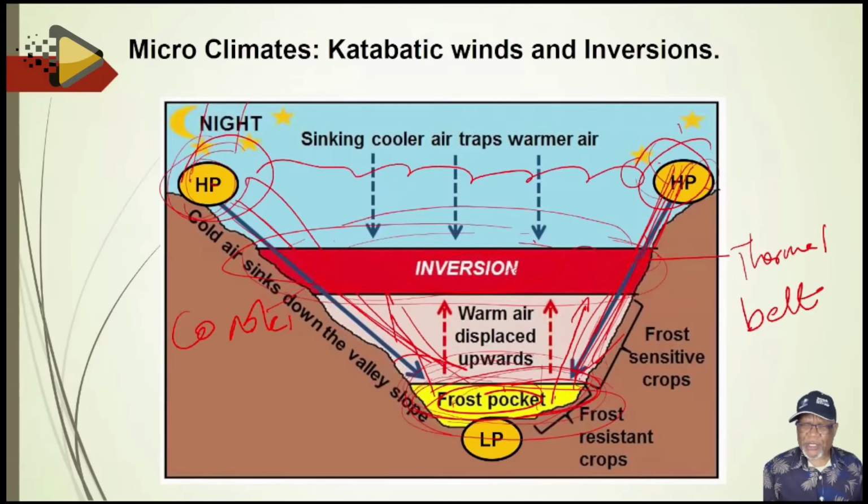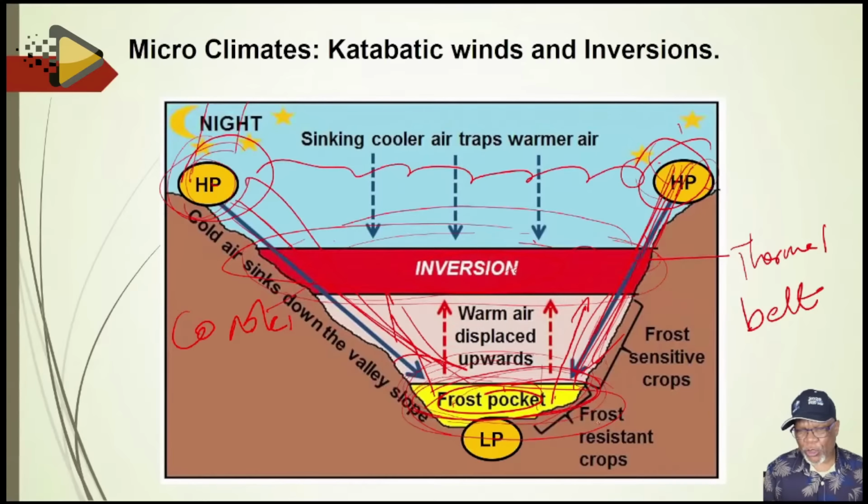Then what will this process mean? It means that because here we have frost pocket, you cannot grow the crops that will be killed by frost at the bottom of the valley. You must plant those crops midway above the slope, above the floor, where it is warmer.